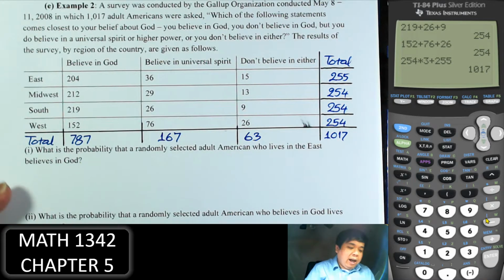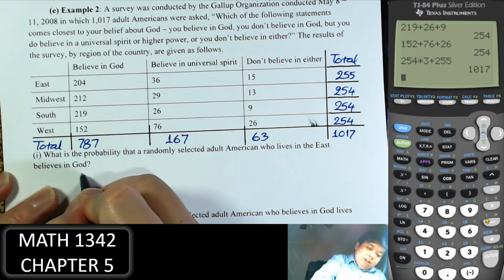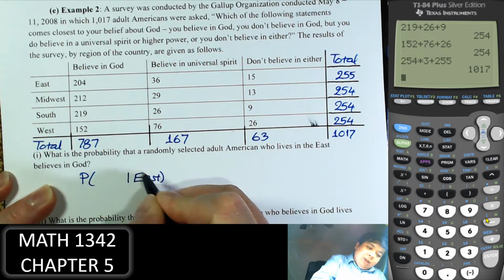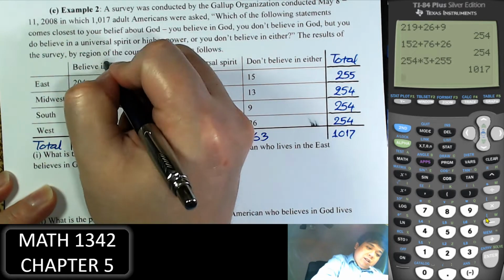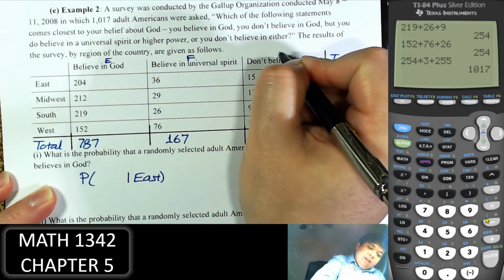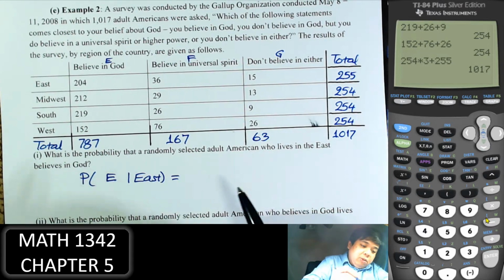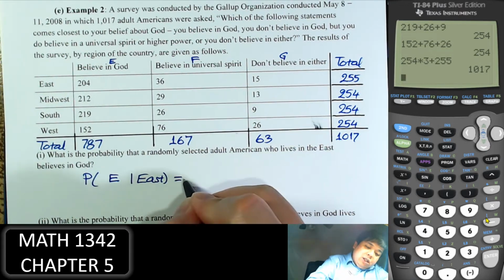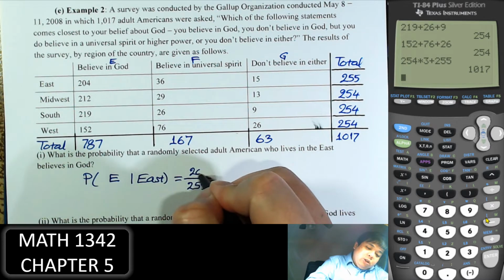That's what we have. Now, what is the probability that a randomly selected person who lives in the East and believes in God? I'll just say this is event E, F, and G. So believing in God is E. Those who live in the East total 255, and out of those, 204 believe in God.